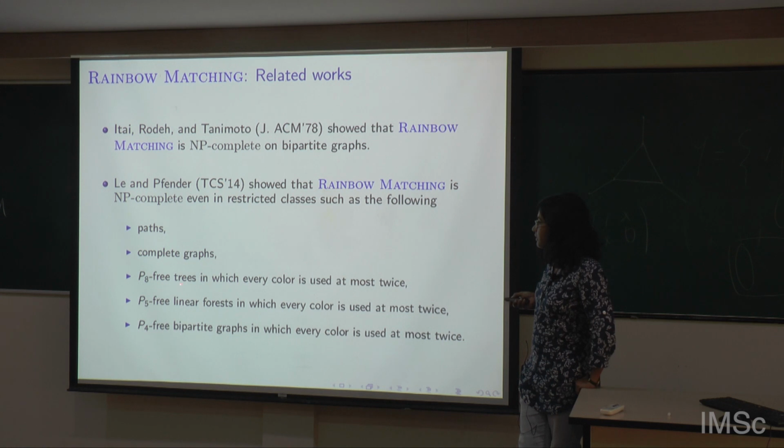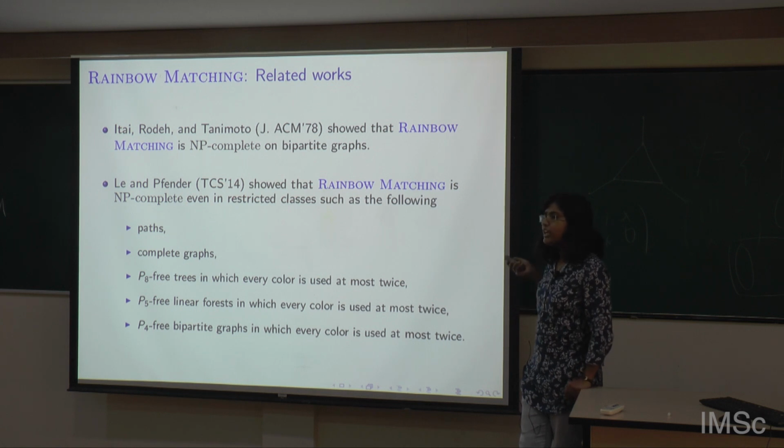That means trees without long paths, where every color is used at most twice on the edges. Similarly for P5-free linear forests where every color is used twice, and P4-free bipartite graphs, where again every color is used at most twice. So even in very restricted settings this problem becomes NP hard.